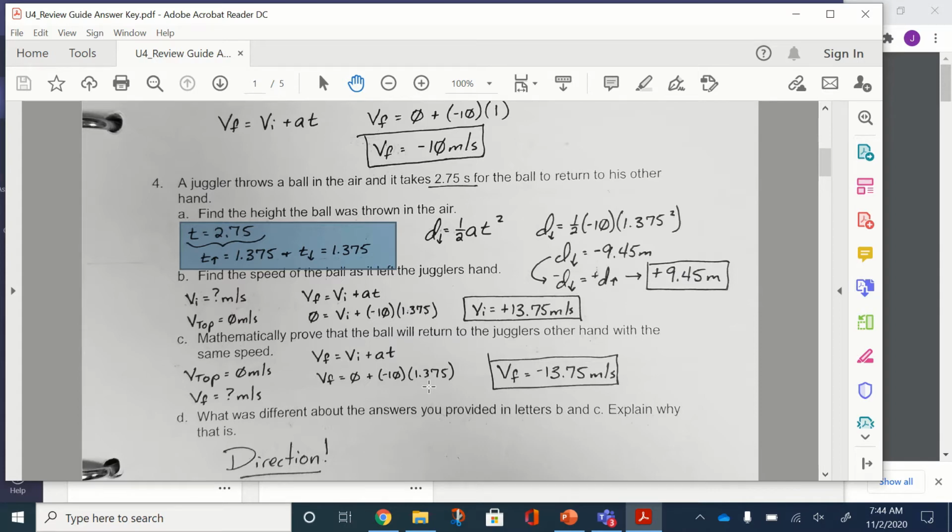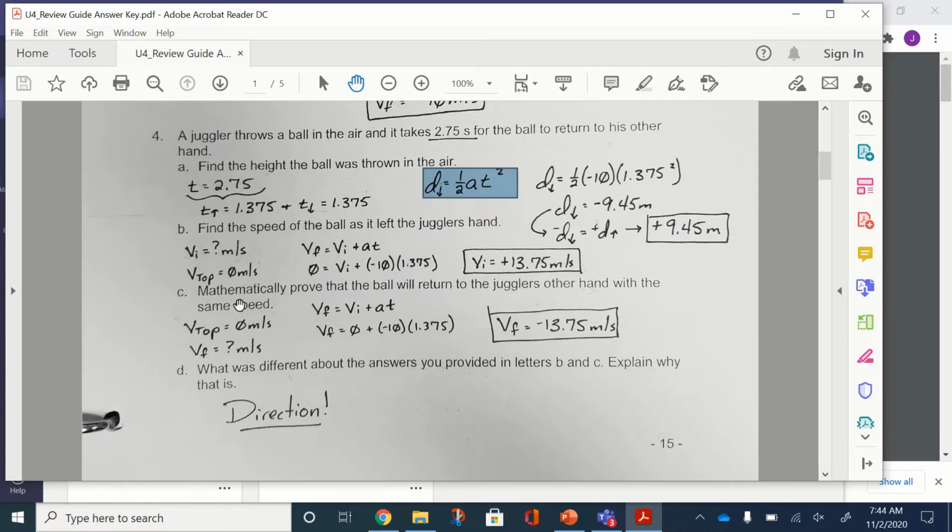Now, if you're looking for the total distance that it covers, or if you're looking for one of the velocities, then you might not need to cut the time in half, but I would encourage you to do so in case you have to, set your initial velocity at 0, basically, and use this particular equation, because this equation only works if you start at 0 and treat it as a drop problem from the top on the way down, which is why I only used half of the time.